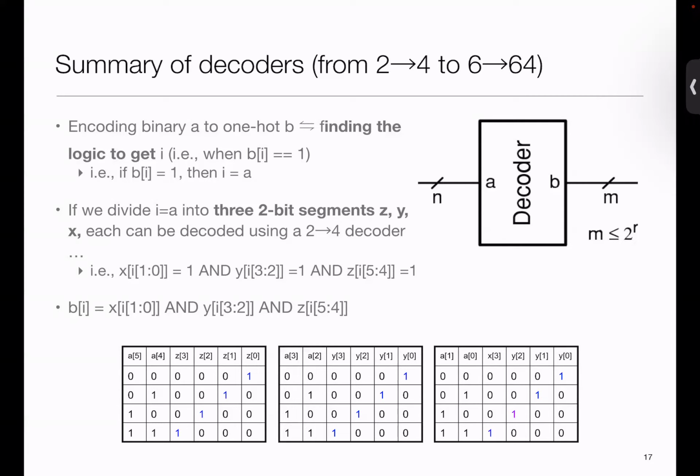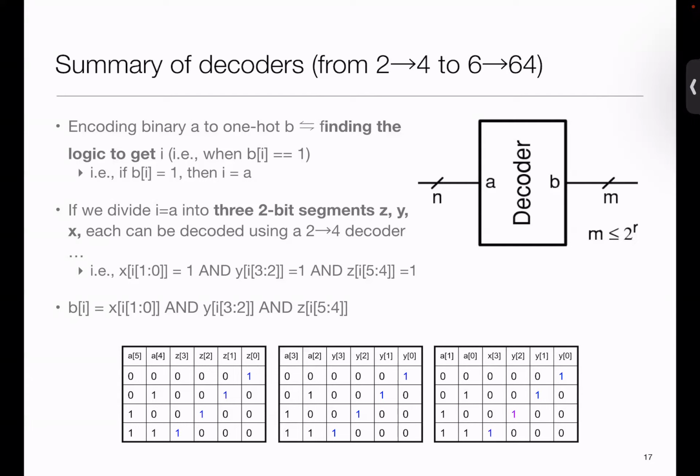The group of 2, I will feed to the 2 to 4 decoder, expand it into 4 bits. And the group of 3, I will feed to 3 to 8 decoder, expand into a group of 8 bits. And then 8 times 4 is 32. So I will take all possible combinations from that group of 4, let's call it X, and group of 8, let's call it Y. So I'll combine those in all possible ways. So that's how we make a decoder.